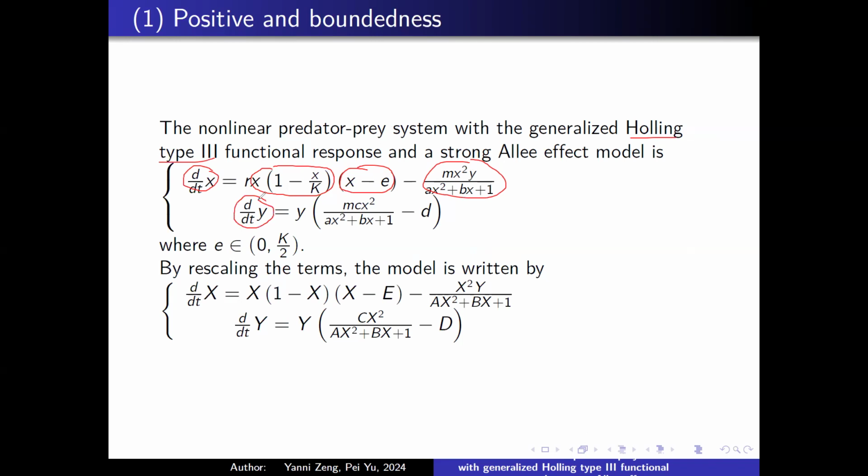And here is the rate of the predator. We multiply this and we can see the increasing rate of the predator. And minus yd means the population will decrease, maybe by death or something like that.